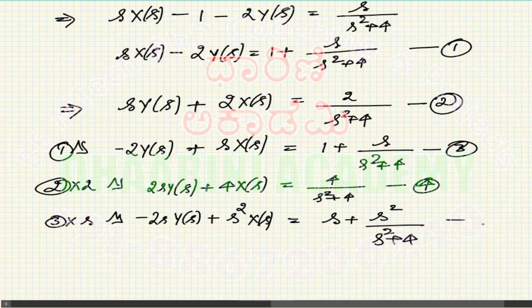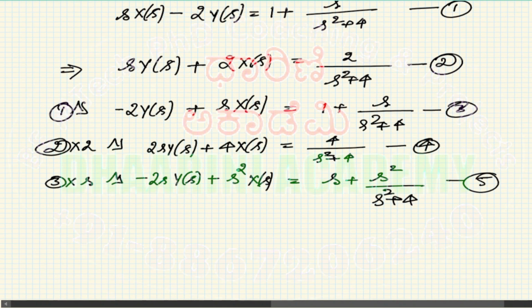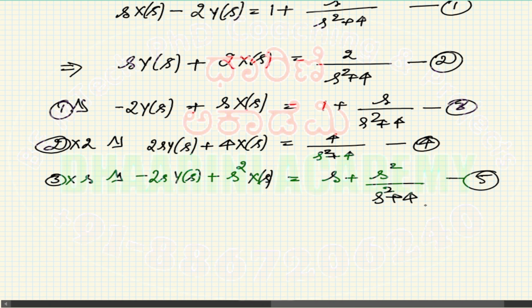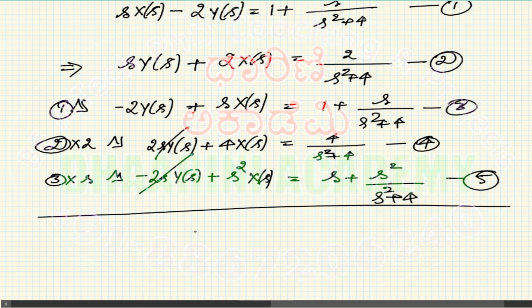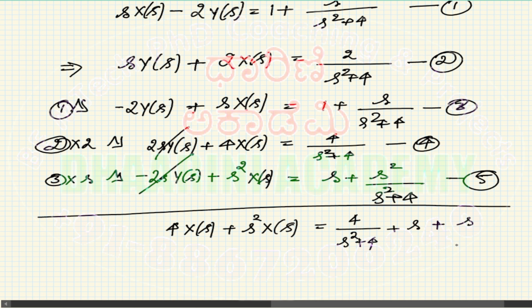Now I'll call this 5. I try to add them up and these two will get cancelled. So I'm left with 4 times X of s plus s square into X of s equal to 4 by s square plus 4 plus s plus s square over s square plus 4.